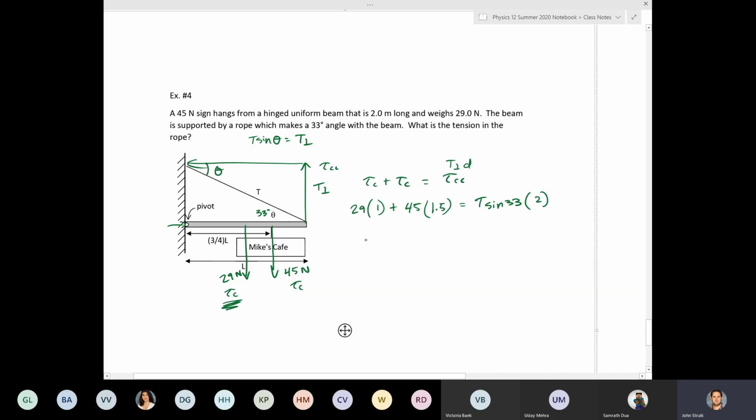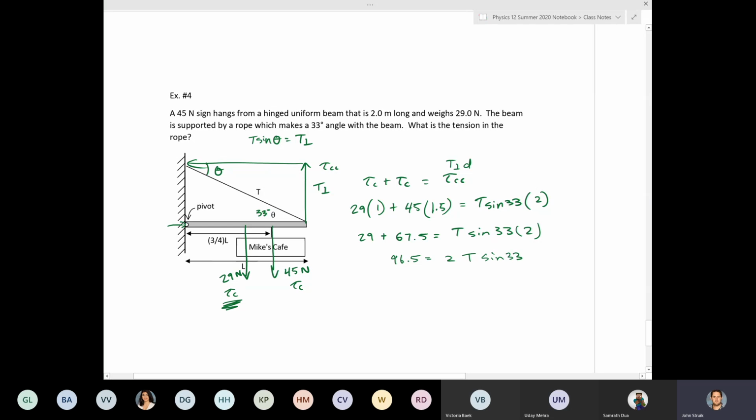So then 29 plus 45 times 1.5, 67.5 equals, I'm just going to keep this as T sine 33 times 2. Plus 29, so that's 96.5 equals, I'll move that 2 there.